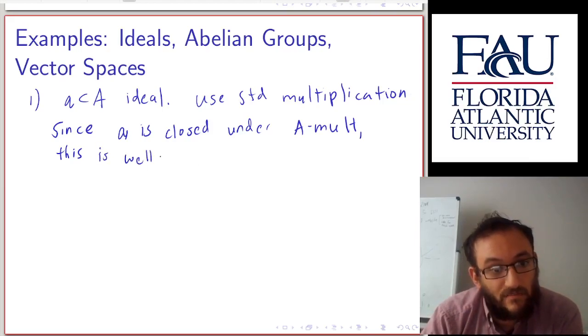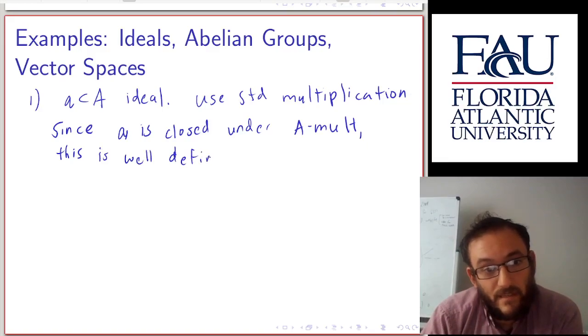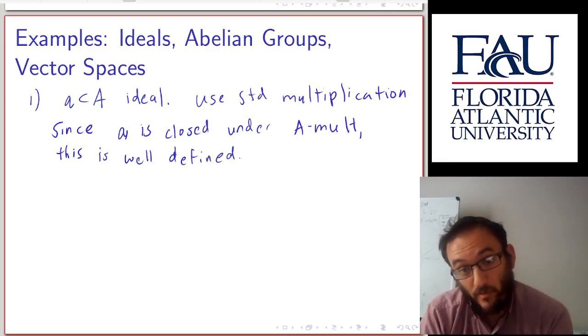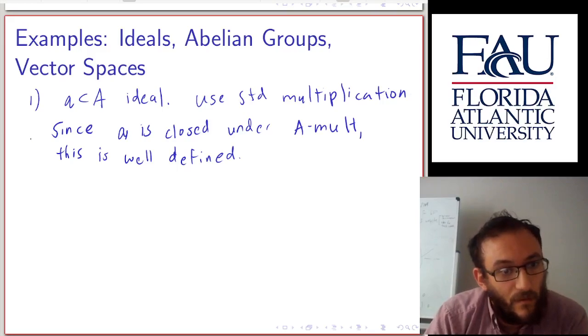And obviously it's an abelian group, since it's a subgroup of the additive group of the ring.